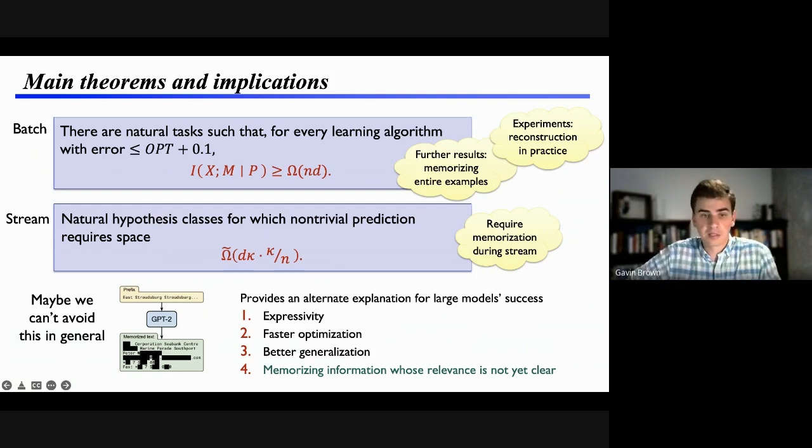Not only perhaps does it allow for better optimization, but neural networks must memorize information whose relevance is not yet clear in the training process. This holds even if at the end of training, you can produce a neural network that's much smaller, you may still require a large space during training. Of course, the space follows because to memorize a lot of information, you need a large network.